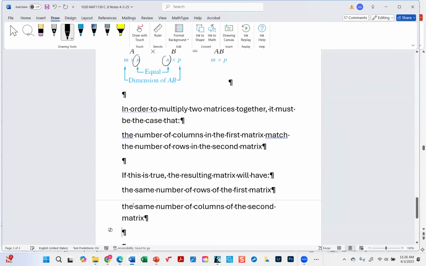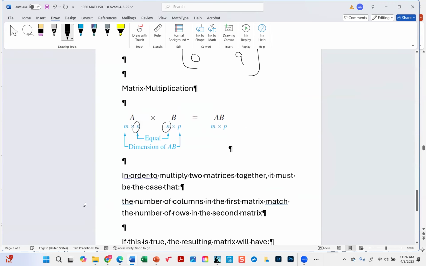And you can see here what they're telling us in this little diagram is that once we've established that A and B can be multiplied, the result here is m by p. Okay, so that's how this works. It's a little messy. We'll get used to it pretty quickly.